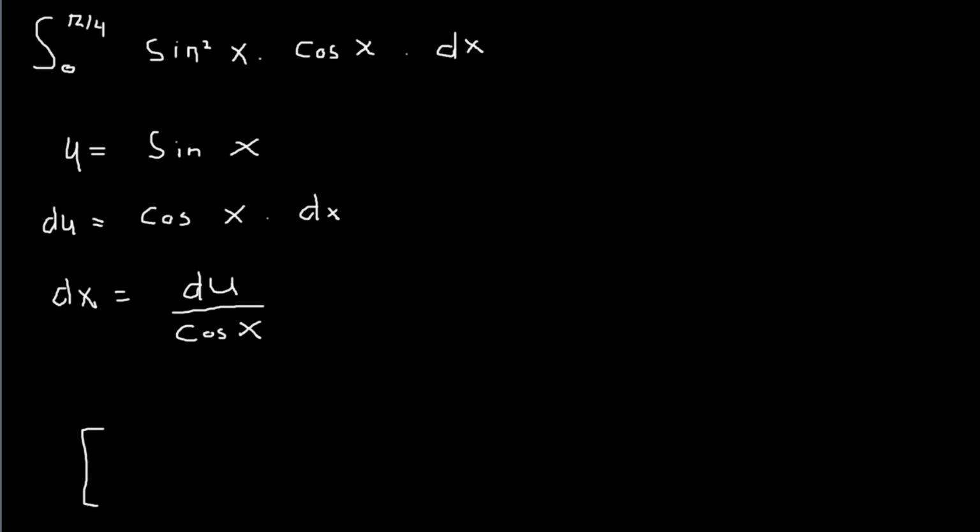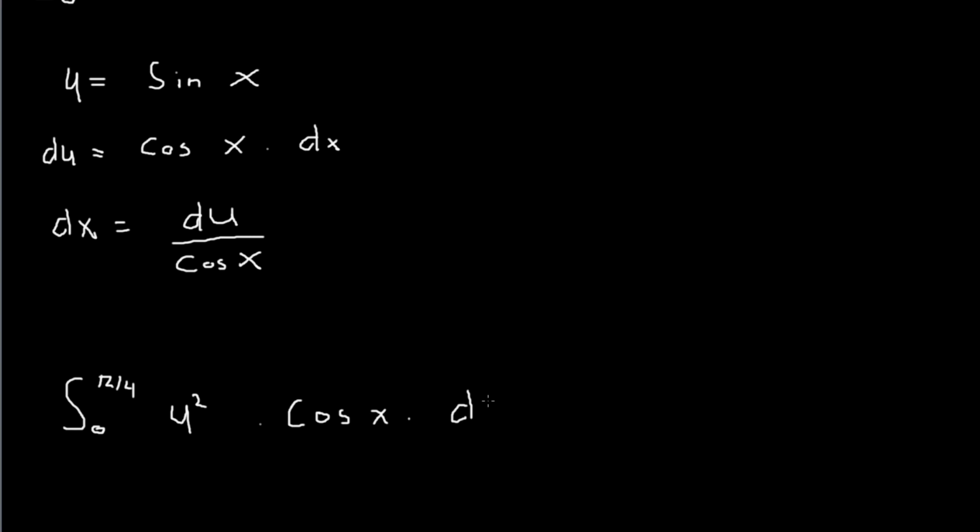Because there's a square here, I'm going to write u to the power of 2 times cos x, times dx, and we replace that dx with du divided by cos x.